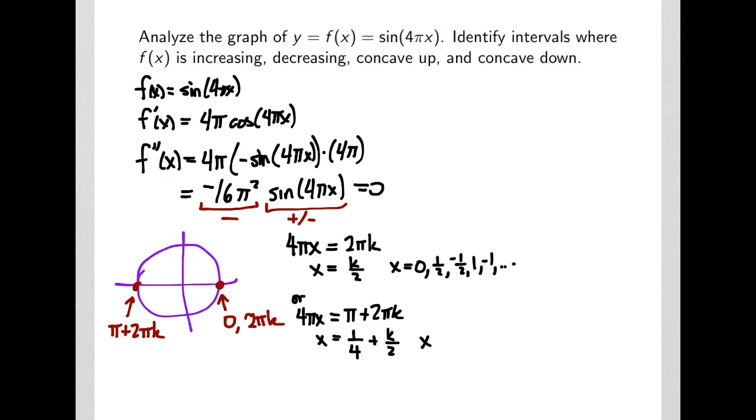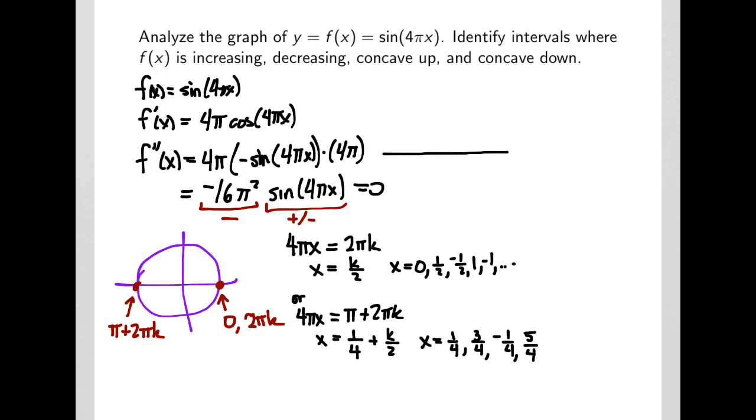And in the second example, I get a quarter plus 0, or I get a quarter plus a half, so that's 3 quarters, or a quarter minus a half, so that's minus a quarter, or 5 quarters. So I get all of the odd quarters.